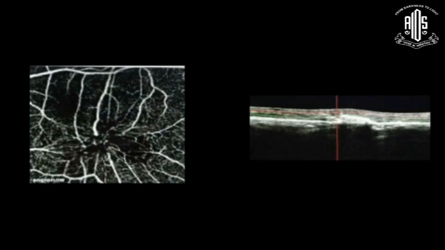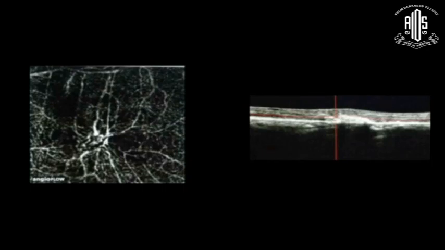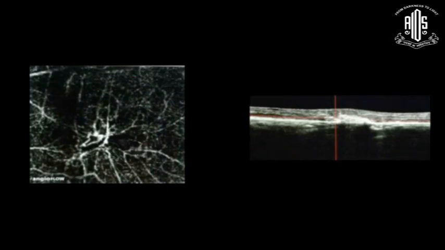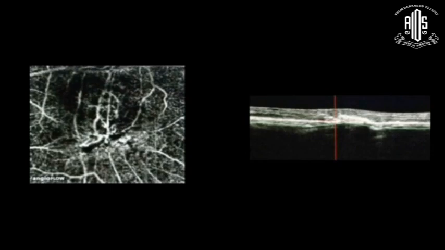The right panel shows the corresponding layers of the retina on OCT B scan as we scroll down from the superficial retina through the deep capillary plexus, then the outer retina, and finally communicating with the type 1 neovascularization within the choroid. OCT angiography, a dye-less angiography, is a novel imaging technique to visualize retinal and choroidal microvasculature in a non-invasive way.